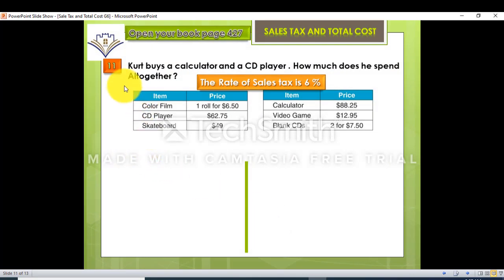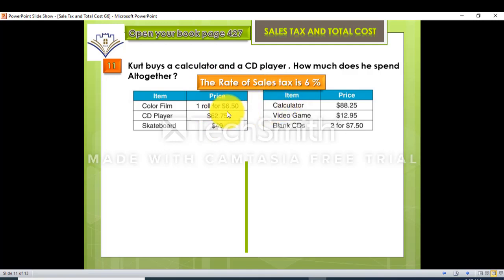Okay, we have question number 11. Kurt buys a calculator and a CD player. How much does he spend altogether? He buys two things: a calculator for $88.25, and also a CD player, which is $62.75, and the rate of the sales tax is 6%.